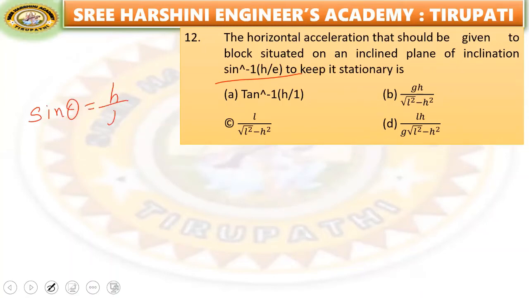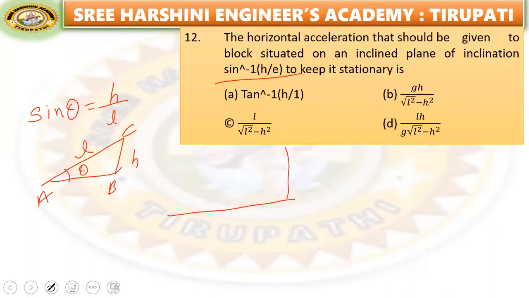H by L. So then draw the diagram, that means a right angle triangle ABC, with angle theta, L as the hypotenuse, and H as the height BC. Here a force F is acting on the body, and the vertical component of this force is F sin theta.